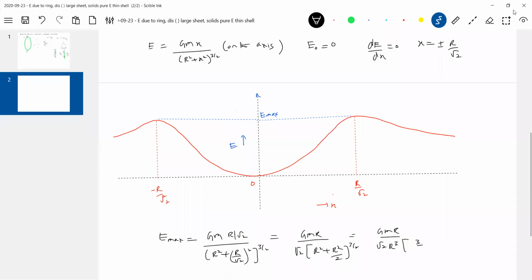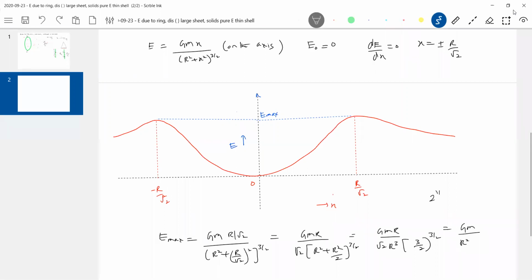Then this will be 3 by 2 to the power of 3 by 2. This will be 1 by 2 root 3, 3 cube will be there.